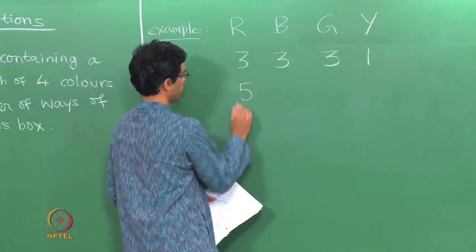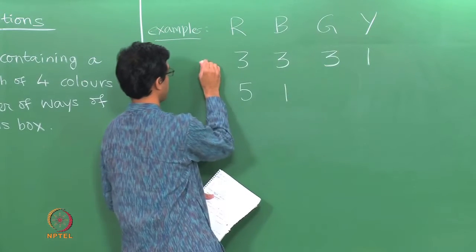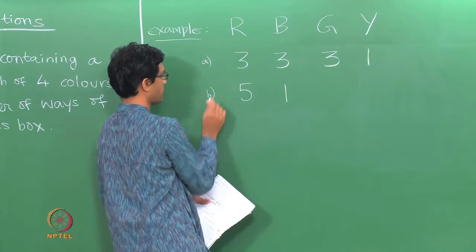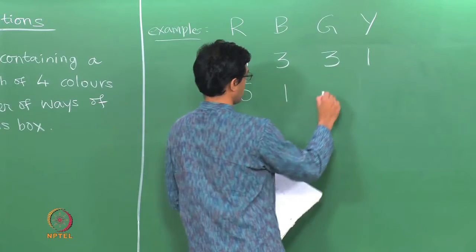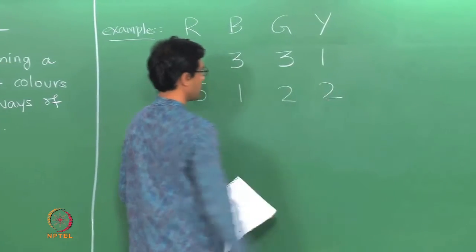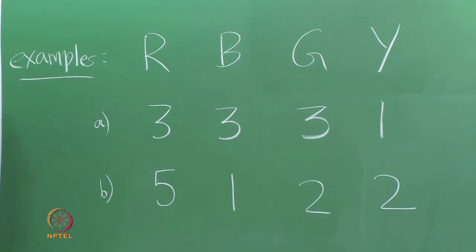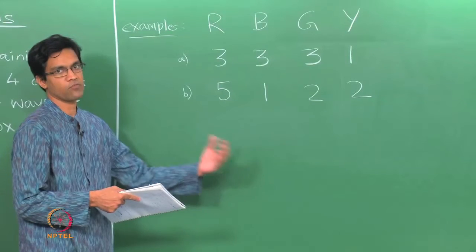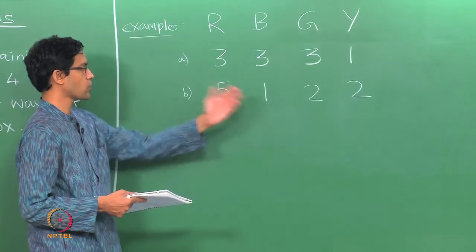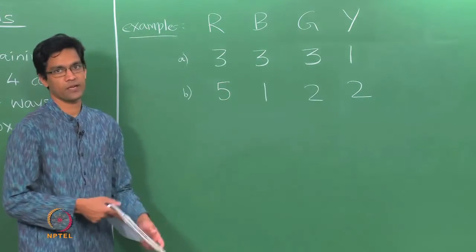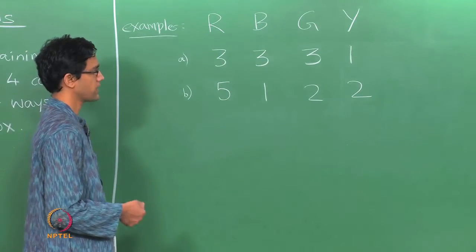Here's another choice. You could pick 5 red, 1 blue, say 2 each of green and yellow, and so on. You could imagine various such choices of some number of red, some other number of blue, green and yellow, but of course the total number of balls that you pick has to be 10. That's of course the key constraint.